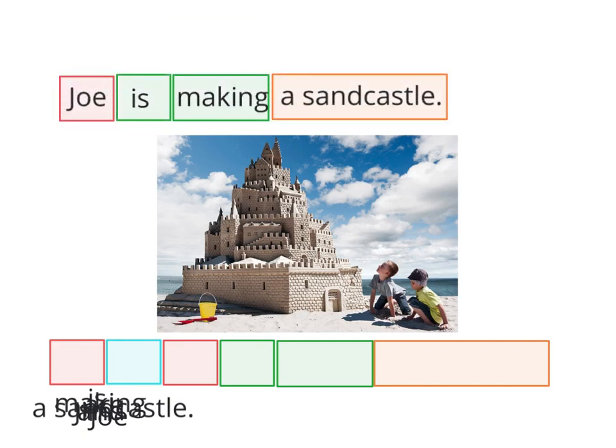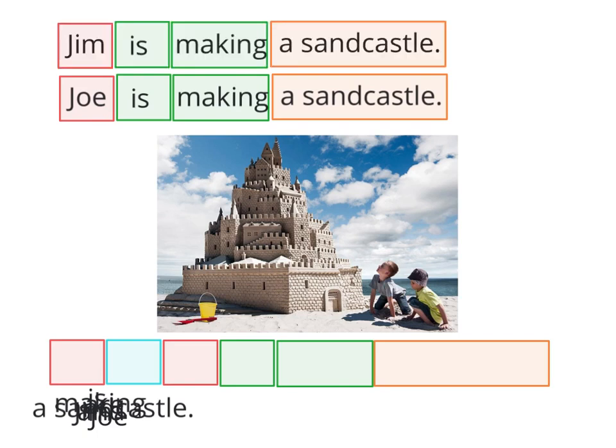We also have Joe is making a sandcastle. Let's look at these two sentences. We can see that both of these sentences have the same verb and the same object. So we can combine these two sentences into one.